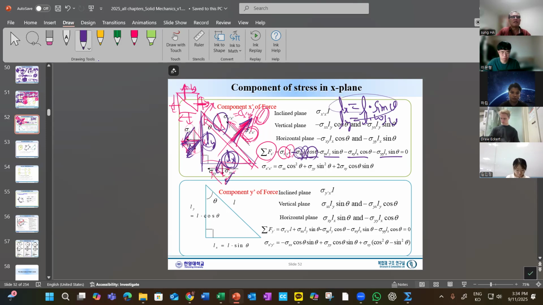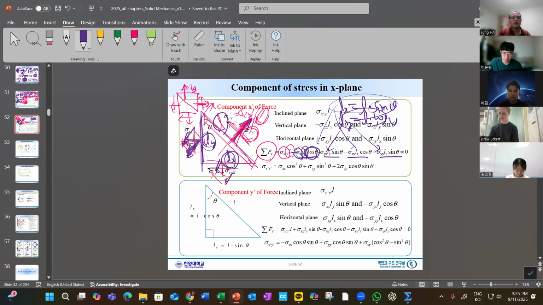So we put these things in here, Ly here, and here, and then here. As we notice, the first cosine comes from the decomposition of a vector, and the second time we have another cosine and sine theta because of the cross section reduction. So that's why.